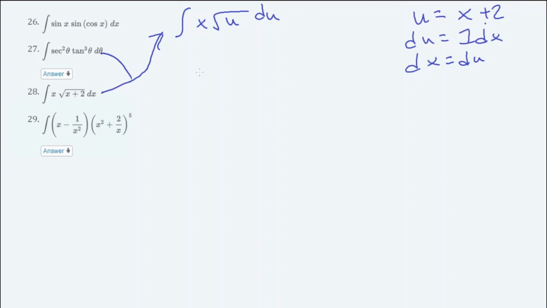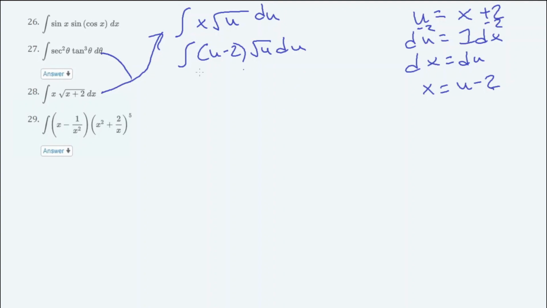If we subtract 2 on both sides, we're going to have that x is equal to u minus 2. Now we're working with some more information, so we could plug in u minus 2 for x. So we would write this as the integral of u minus 2 times square root of u du.